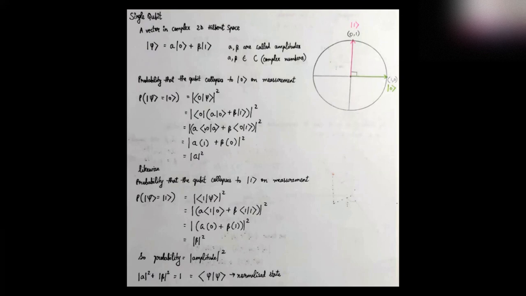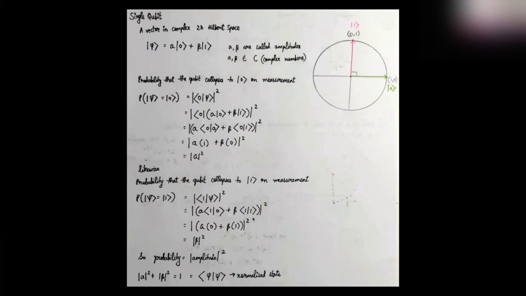When we simplify this, we get something like this, and we know that the 0 state vector's inner product with itself gives us 1, and with that of 1 gives us 0, which was proved earlier. And so we get alpha squared as the probability of this psi-ket collapsing to the state of 0.